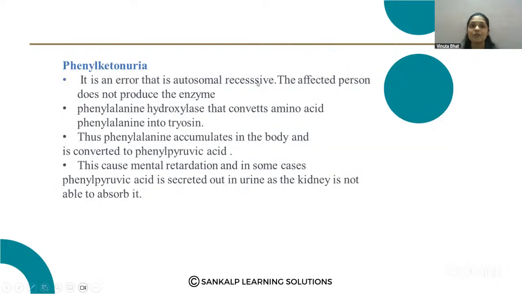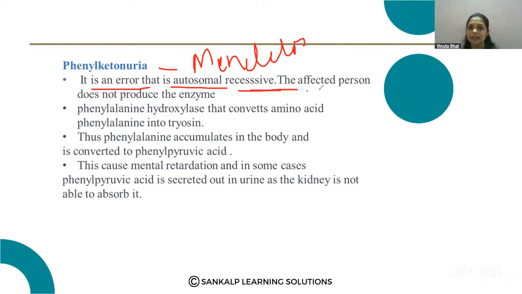Next one, phenylketonuria. So this is also a Mendelian disorder. It is an autosomal recessive error, where the affected person does not produce the enzyme phenylalanine hydroxylase that converts the amino acid phenylalanine into tyrosine.